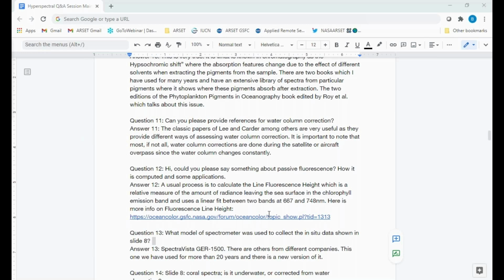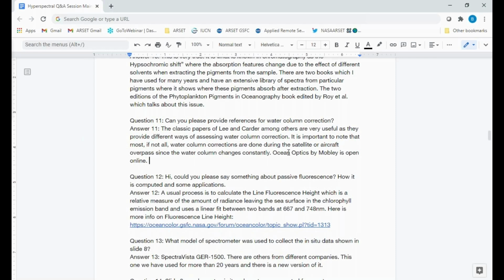Also, there is the Ocean Optics book by Curtis Mobley that is highly recommended. It's freely available online as well, and I will include the links to the Ocean Optics book as well. It goes from the very basic to advanced, different levels.